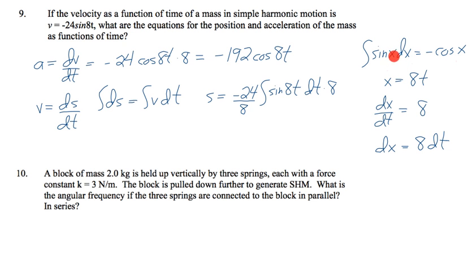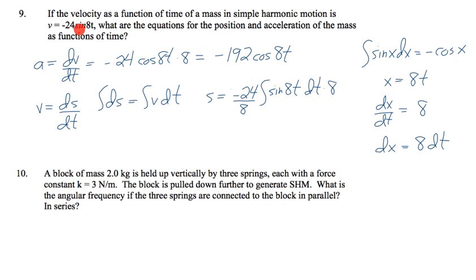Every problem isn't going to happen to have an x, and this one doesn't. It has an 8t. If that's what my x is, then I need the derivative of that as part of this so that I can then take the integral. I can't take the integral unless it has everything there. It can't just have the sine x and not have the dx.